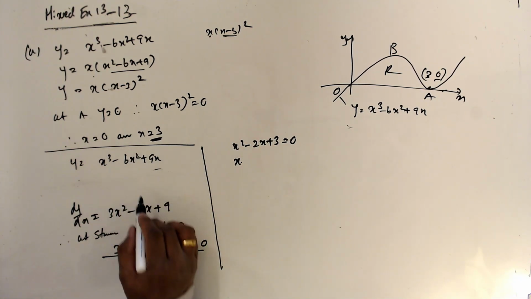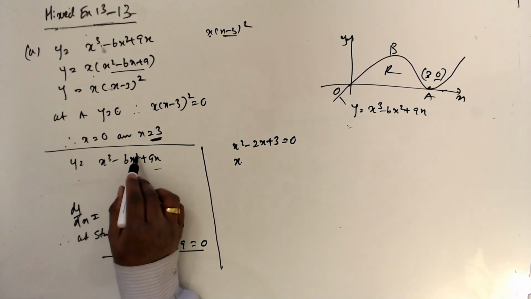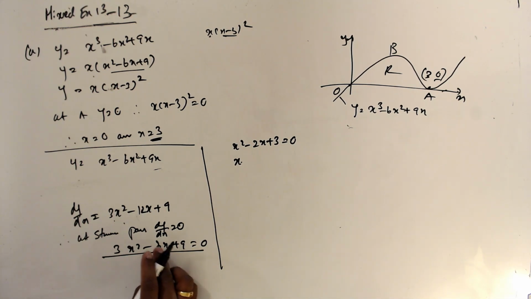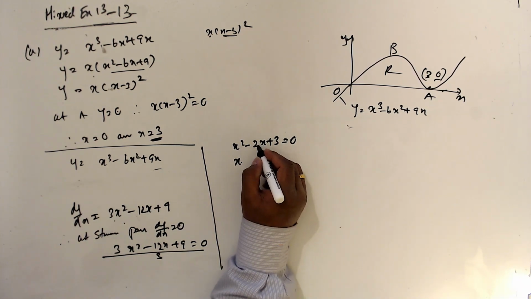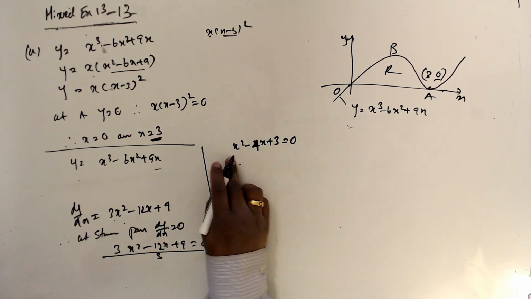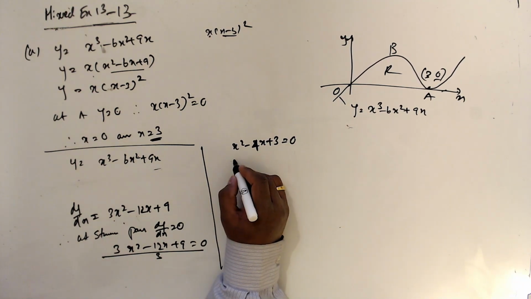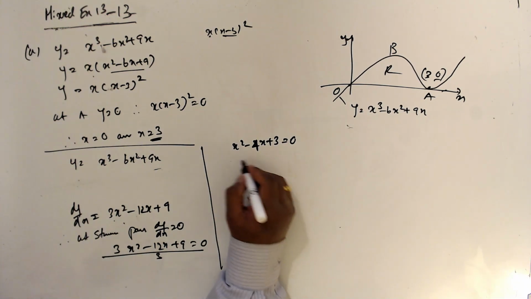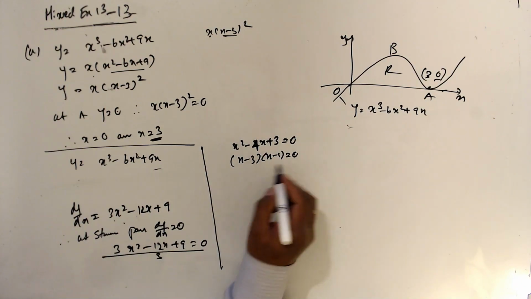The differentiation was wrong earlier: 3x squared minus 2 times 6, 12x. So then this is going to be 12 and then 4. Then x minus 3, x minus 1 equals 0.